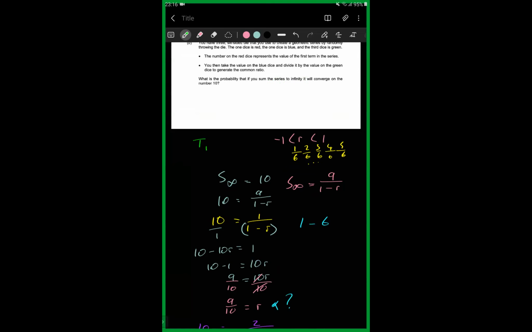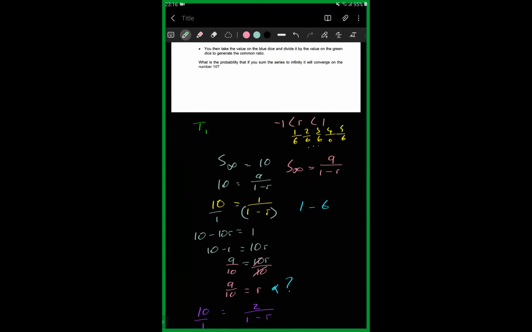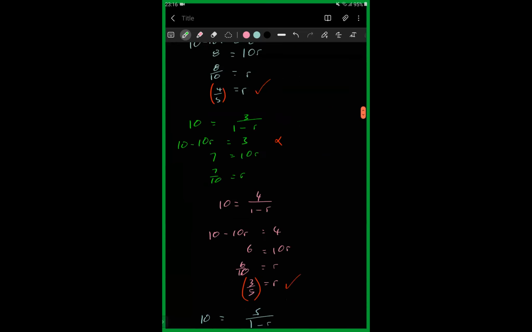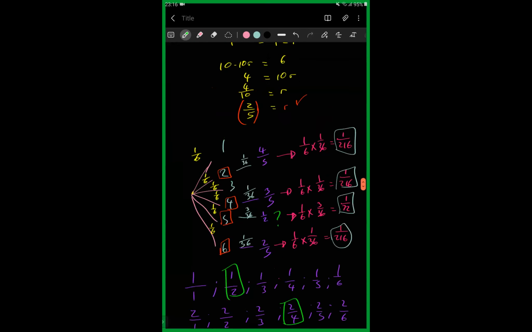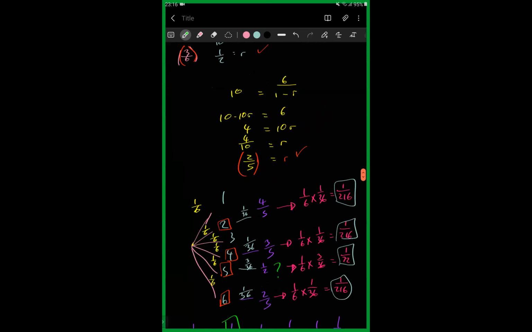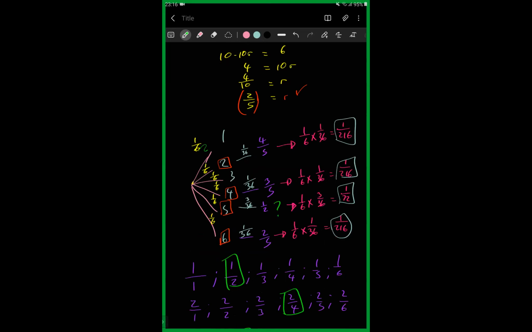The probability that it will converge on the number 10 looks as though it is just 1 over 36. The reason for that is we said in the beginning, the probability of getting 1, 2, 3, 4, 5, or 6 is just 1 out of 6. But then for you to get a sum to infinity of 10, it can only be specific values of r after specific values on your first die.